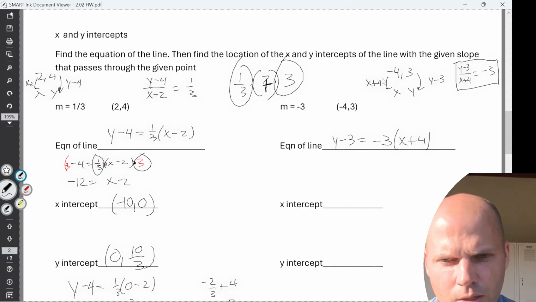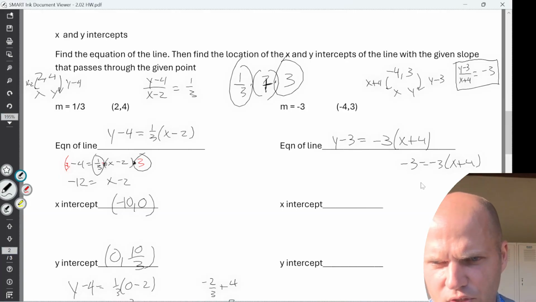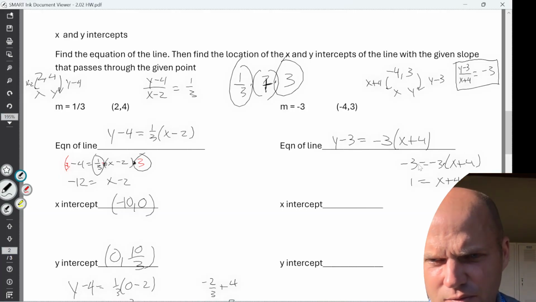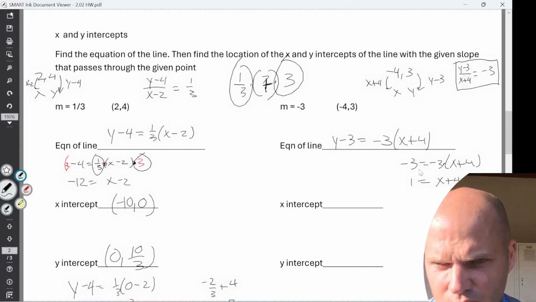When we are finding the x-intercept, y is 0. Many different ways to solve this equation. Here's something I'm going to do. I'm going to divide both sides by -3. Since this is multiplied, we're allowed to do that. So that you get 1 equals x plus 4.